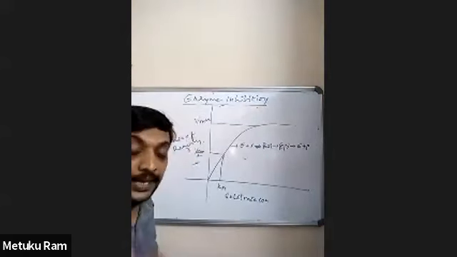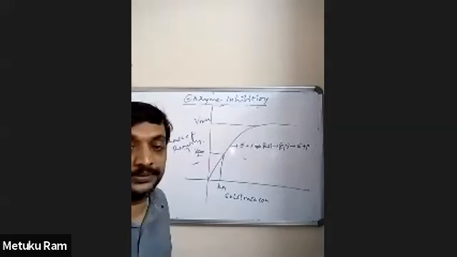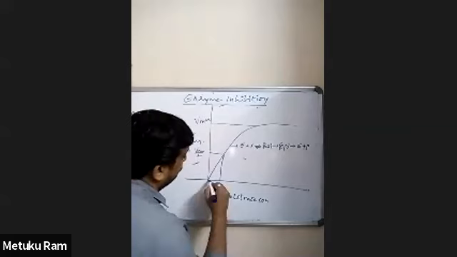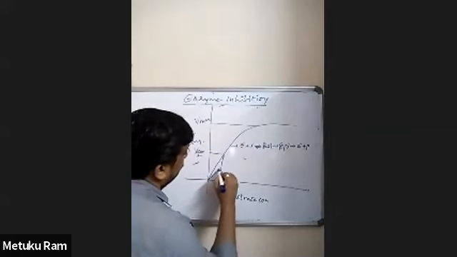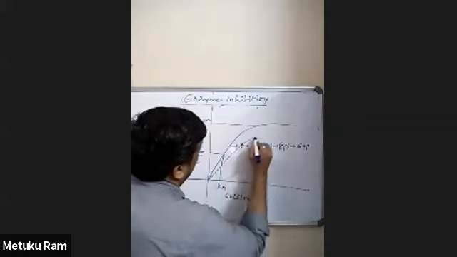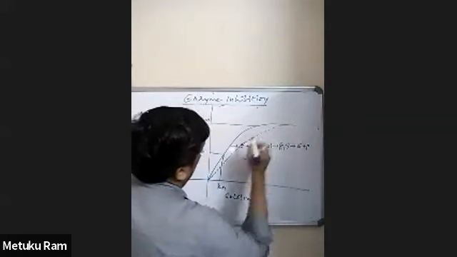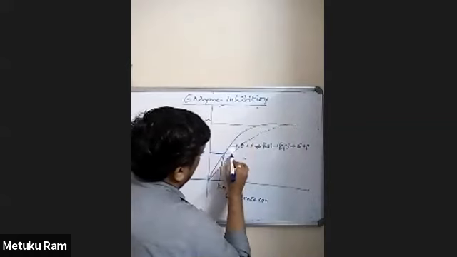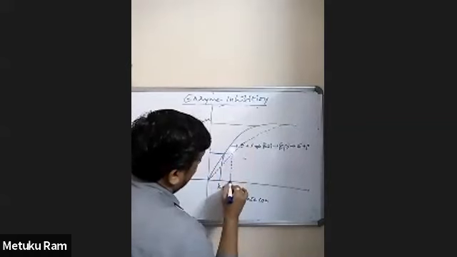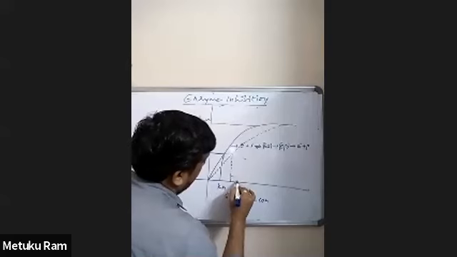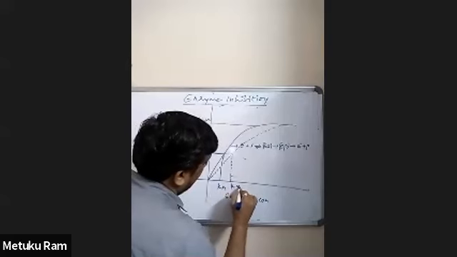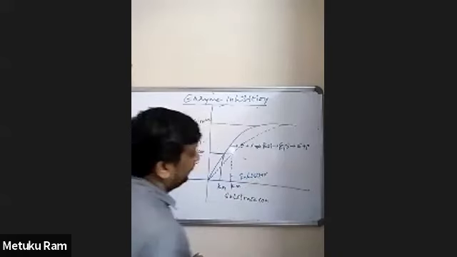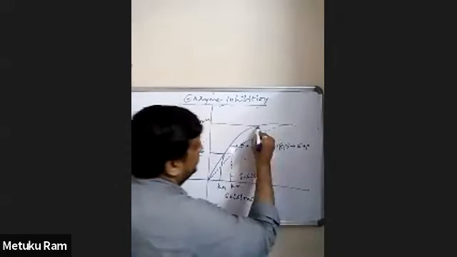Now again there is an enzyme inhibitor also, and that enzyme inhibitor gives what is your Km, and this is for inhibitor. Now here this is a Vmax value.